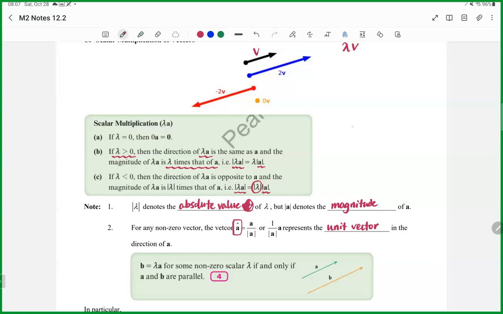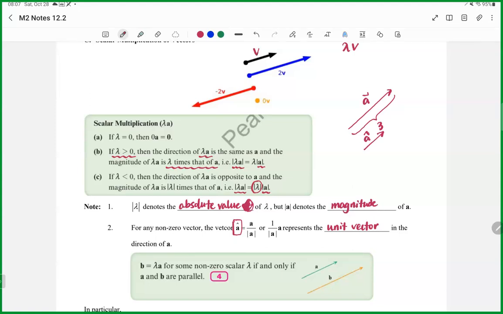Let's say a is a vector like this, and the magnitude of a is 3. Now, how do you express the unit vector in the same direction as a?